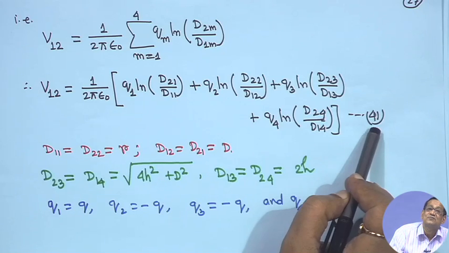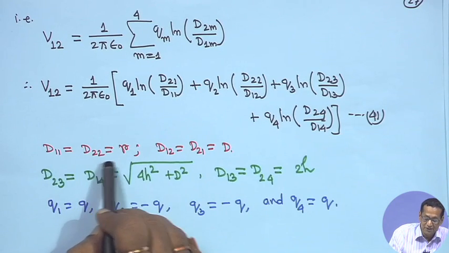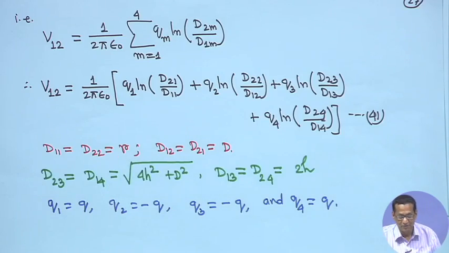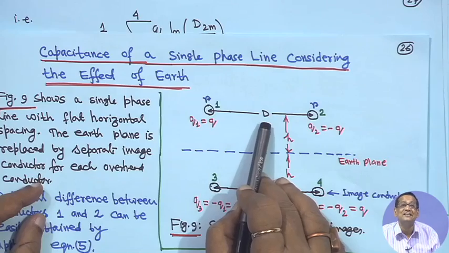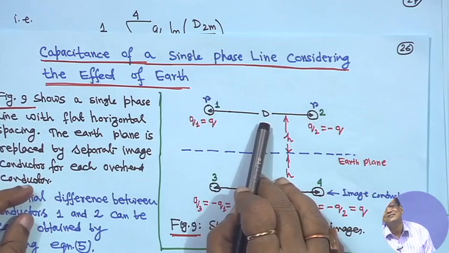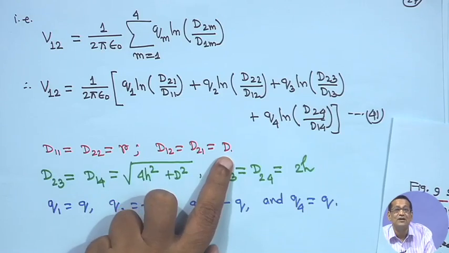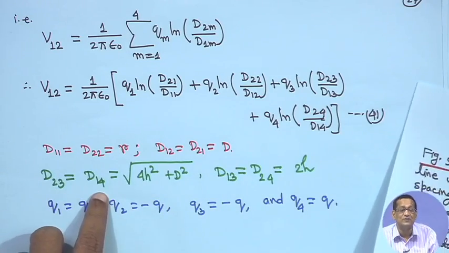This is equation 41. Now, d11 is equal to d22 is equal to r, the radius of the conductor, and d12 is equal to d21 is equal to d, because compared to r, d is very large. Now, d23 and d14, these two diagonals, are equal.